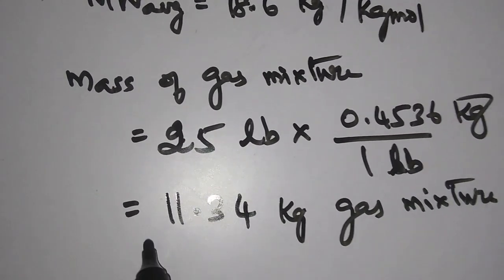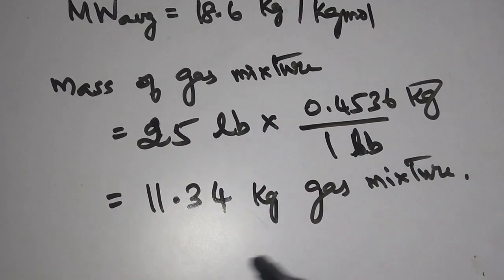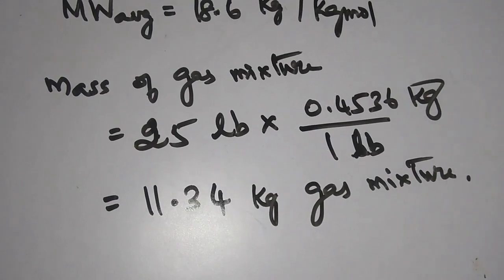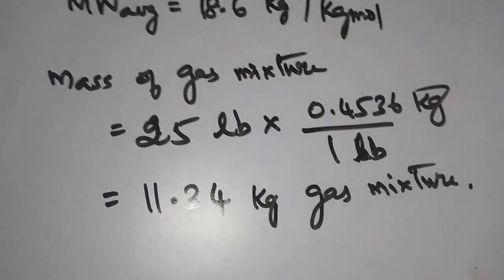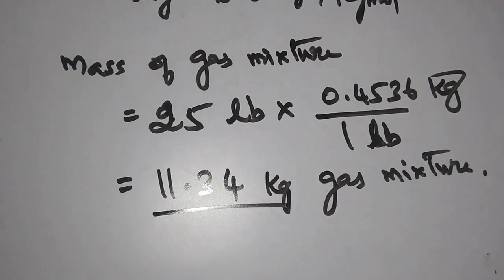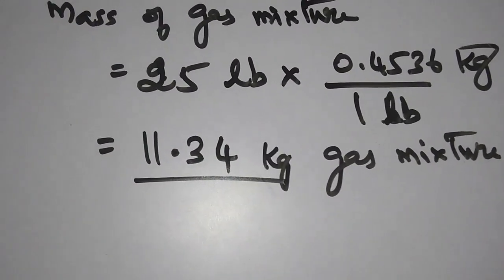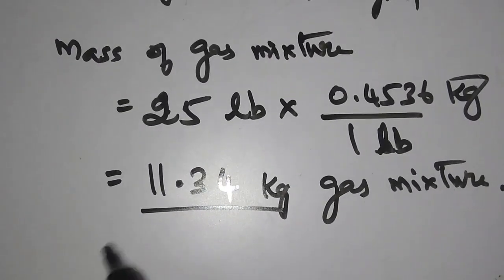So this is the given data. Here we can either go with 1 kg of gas mixture, because we know the composition percentage and can solve, or in this data it is given as 11.34 kg. So we have obtained the mass.